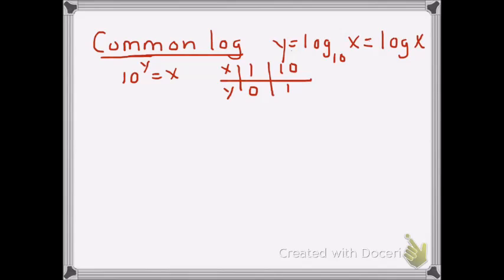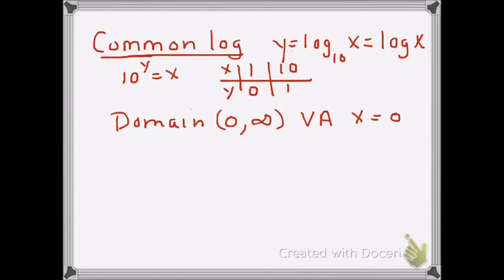Well, we know that the domain of this log would be from 0 to infinity. So there will be a vertical asymptote, and it is the y-axis, which is the line x equal to 0.